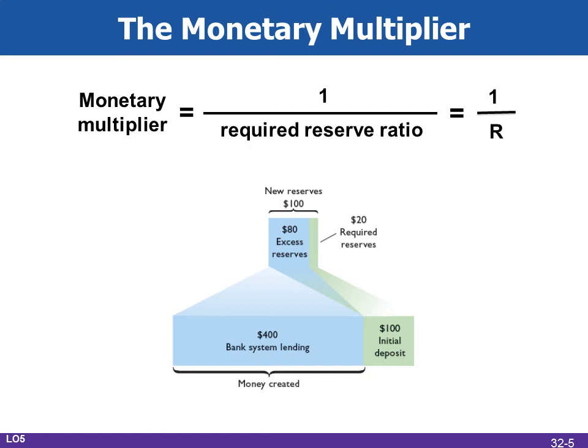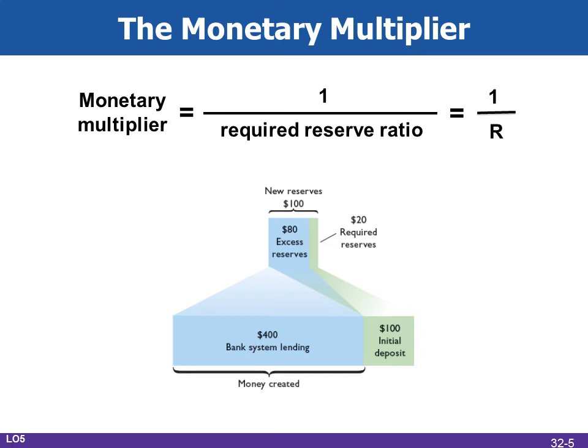Now remember, there are two important assumptions we made about this entire process. The first assumption is that banks will lend out all of their excess reserves, and the second is that all new monies, all new loans, are immediately redeposited into the next bank. Okay?